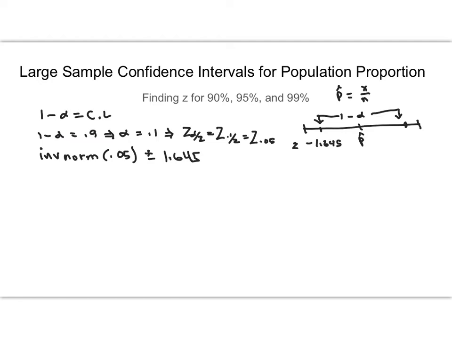If our confidence level is 0.9, then it makes sense that we have 10% left over, and we put 5% at each end. So z is positive 1.645 over here.